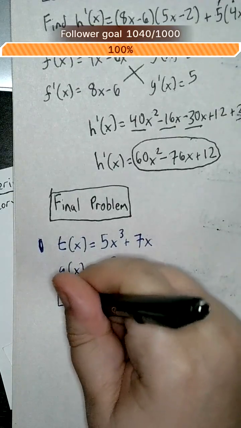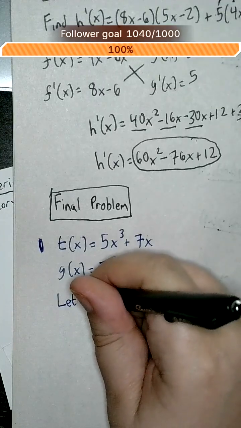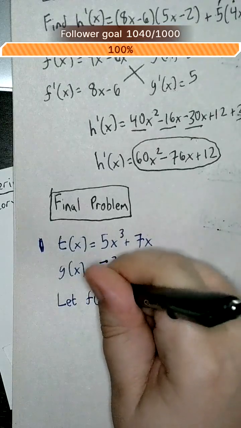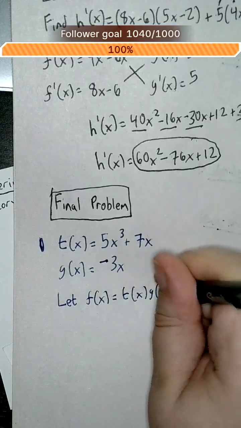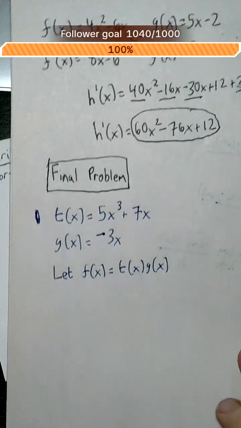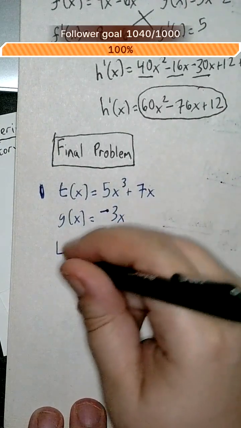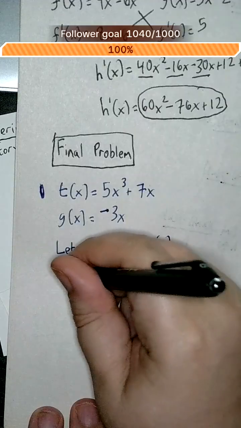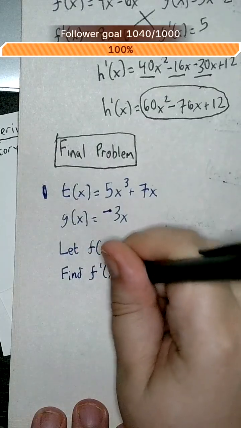Let f of x equal t of x times g of x. Find f prime of x.